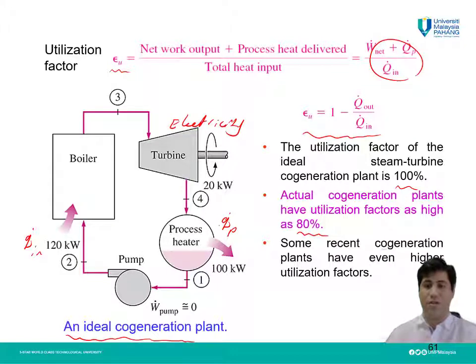And you can see here, this utilization factor is more or less something like the thermal efficiency. You can compare this with the thermal efficiency which we have only for the Rankine cycle without this process heating. Here, 80% utilization factor means 80% of the energy which is given to the system is being used for useful purposes, electricity and process heat.